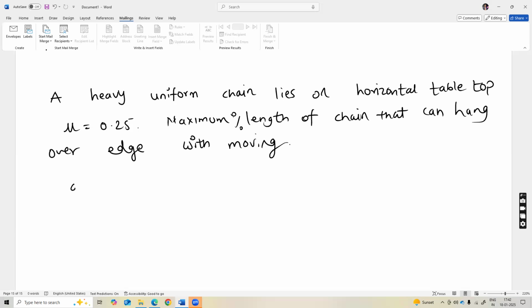So what is the maximum percentage of length? The options are A 20%, B 25%, C 35%, and D 15%.